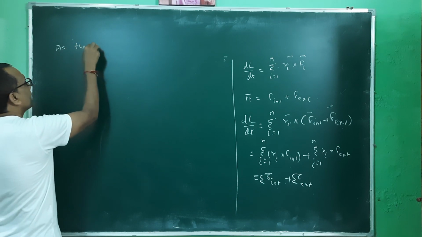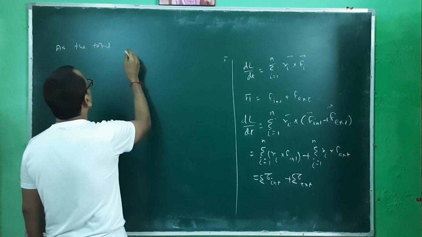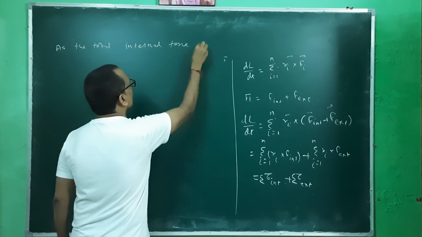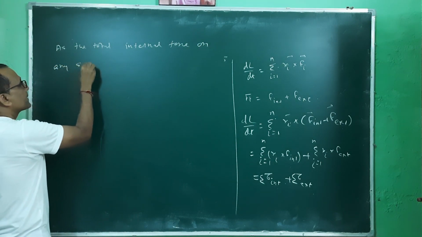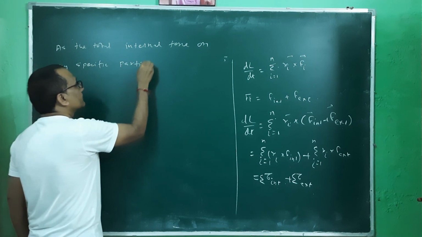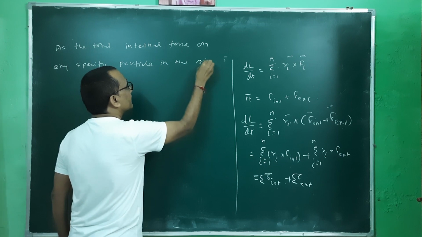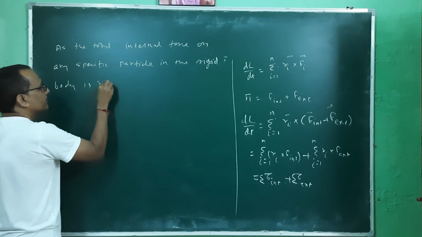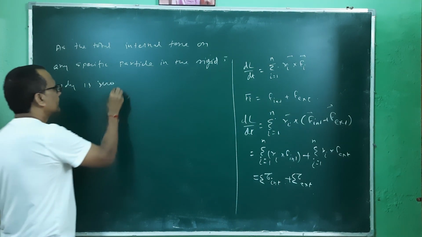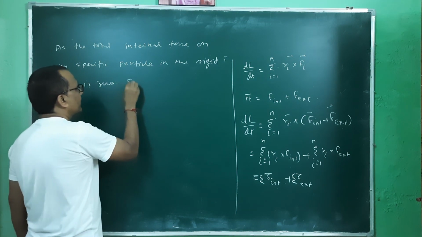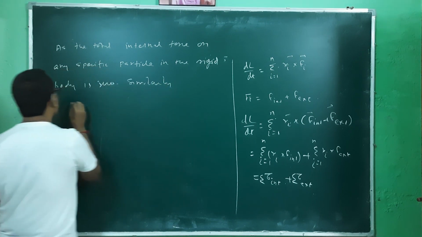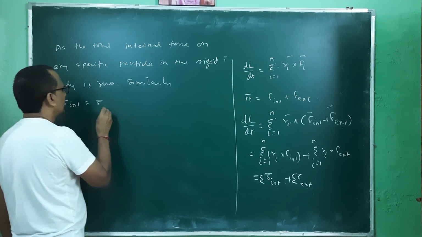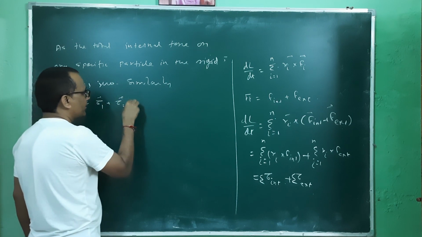As the total internal force on any specific particle in the rigid body is 0, similarly tau internal is equal to tau 1 plus tau 2 plus tau 3, the total sum.